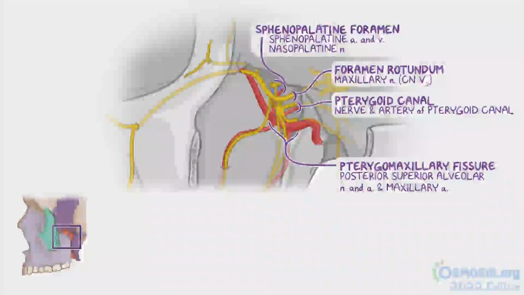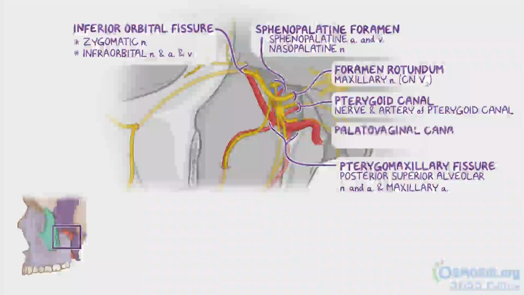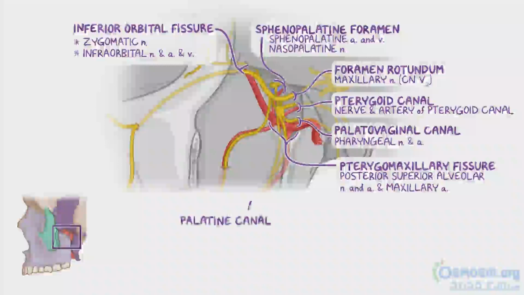Fifth, it communicates with the orbit through the inferior orbital fissure, which provides passage for the zygomatic branch of the maxillary nerve and the infraorbital nerve, artery, and vein. Next, it communicates with the pharynx via the palatovaginal canal, which transmits the pharyngeal nerve and artery. Lastly, the pterygopalatine fossa communicates with the mucosa of the hard and soft palate via the palatine canal.